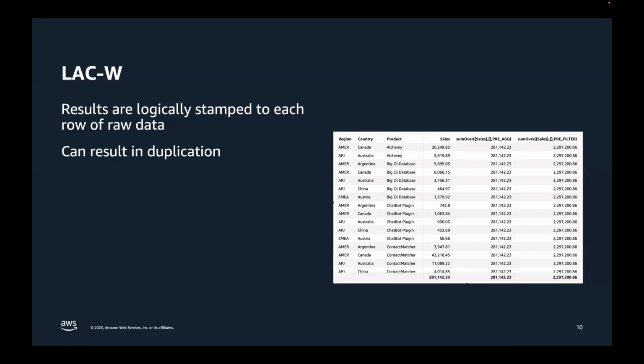If you were to change that aggregation to something other than min or max, you have to ensure that you handle any potential double counting by changing the logic in the underlying calculation. So when you use the LAC W function, there can be duplication in the results, so you have to make sure of that.